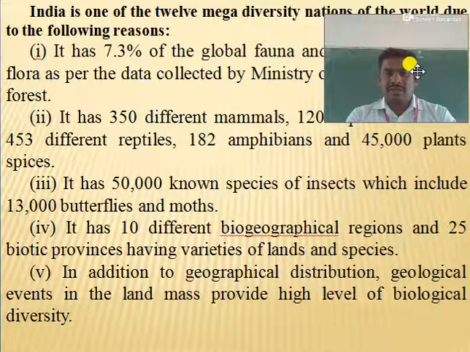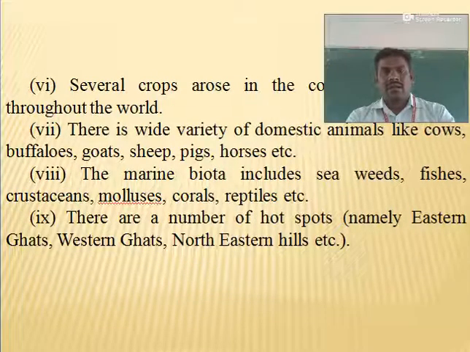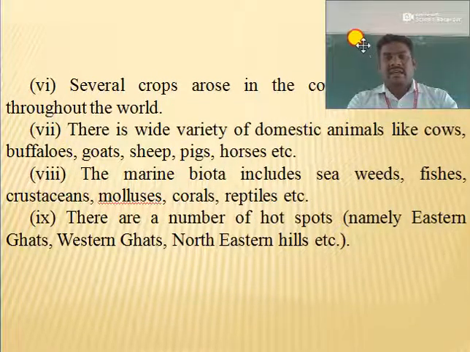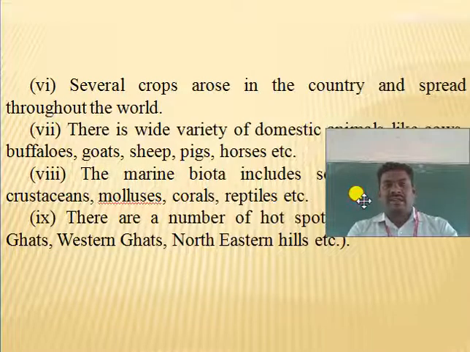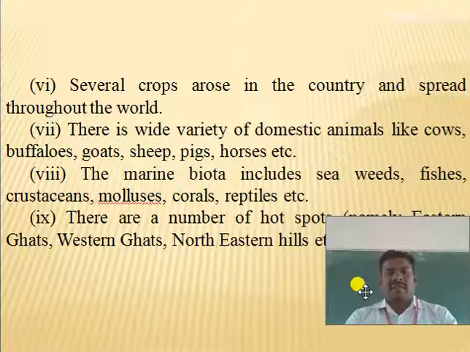Next one is, in addition to geographical distribution, geological evidence in the land mass provides a high level of biological diversity. Then several crops occur in the country and spread throughout the world.